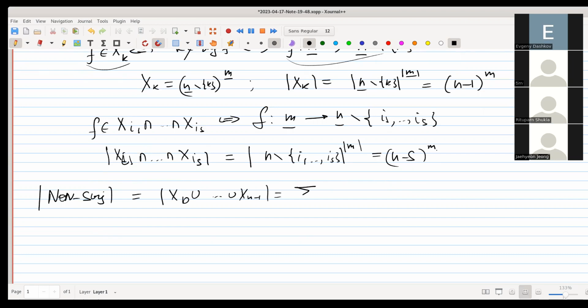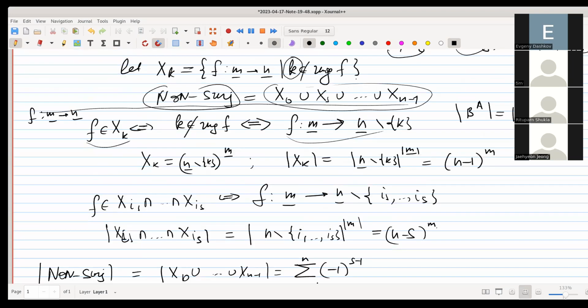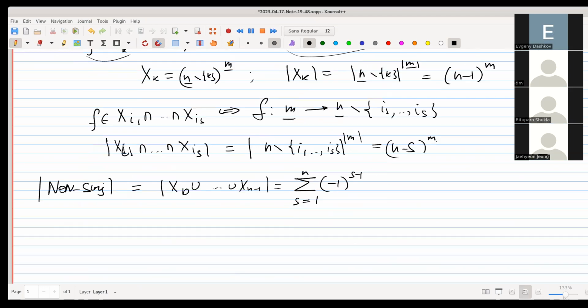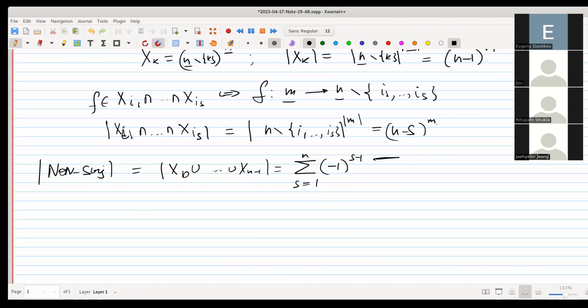So it will be a sum where s ranges from 1 to n, and we have minus 1 to the power s minus 1. It is exactly the same, but look that now our indices range from 0 to n minus 1. But this doesn't matter.